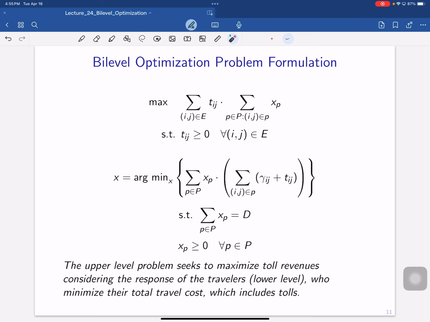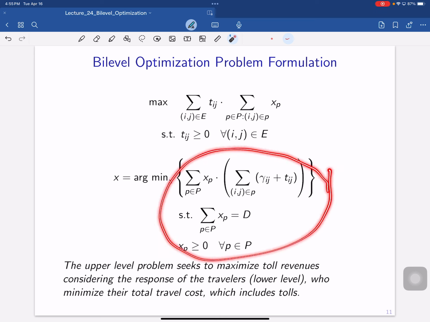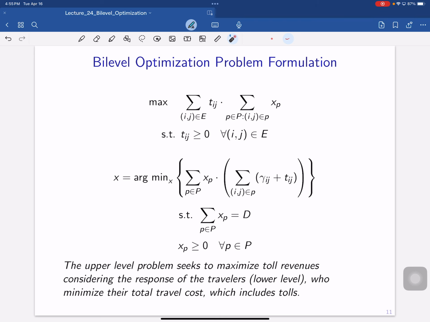So there is an optimization problem embedded in another optimization problem, right? So you have to use those XPs such that they minimize this optimization problem. Again, here in the leader's problem, we are optimizing the tolls, and then we have to calculate the objective based on the optimal response of the followers. So what is the optimal response of the follower?